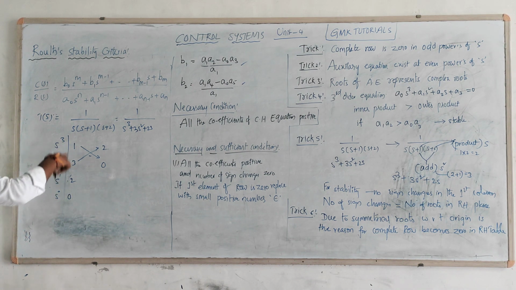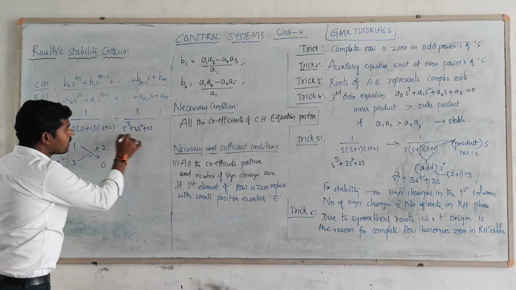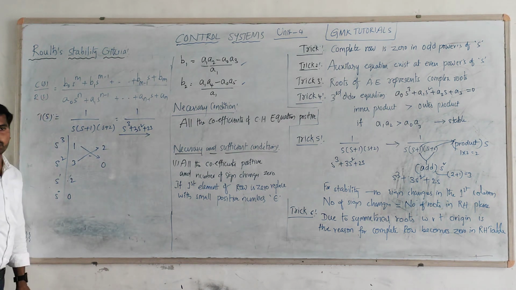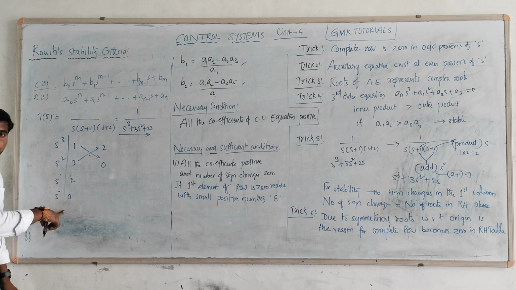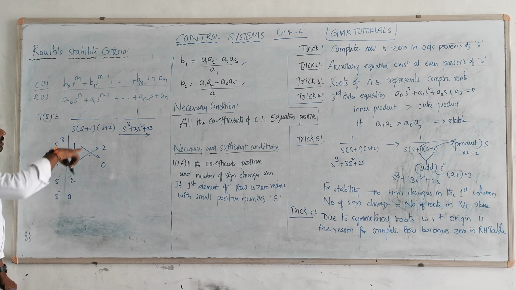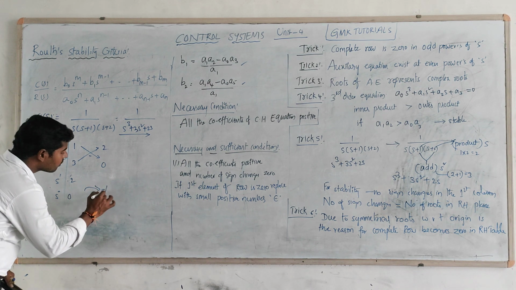So if you observe this equation, we don't have any sign changes. No sign changes is the condition number 1, the necessary condition: the complete characteristic equation has positive coefficients, that is valid. Second thing, no sign changes in the first column of the RH criteria. Therefore, the system satisfies those two criteria, therefore the system is a stable system.